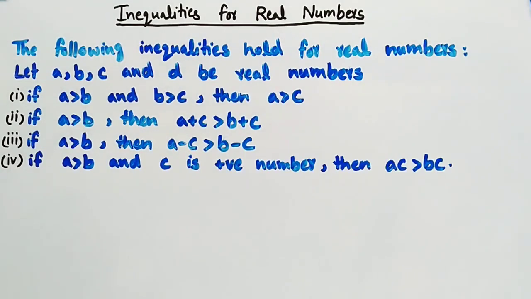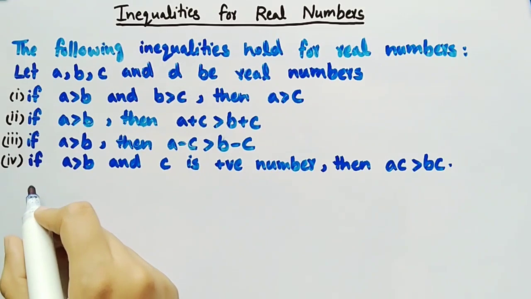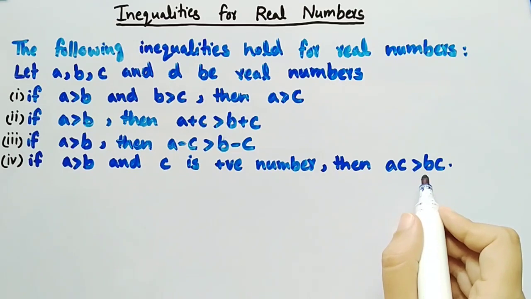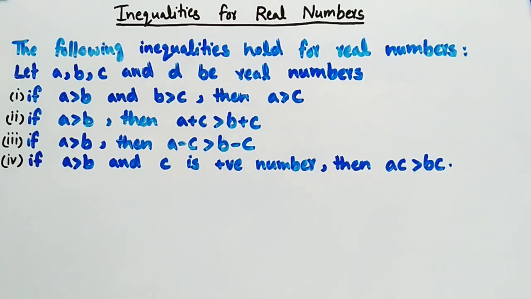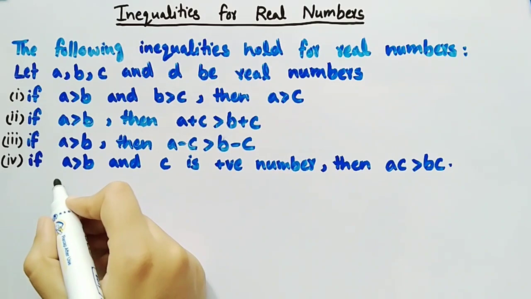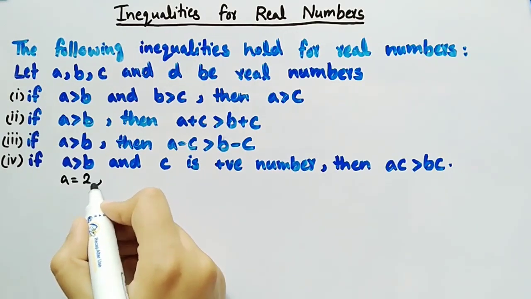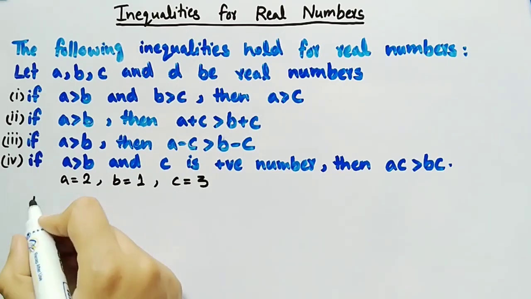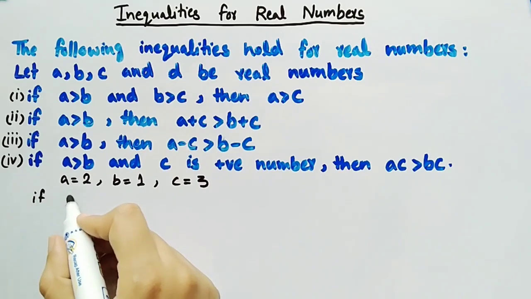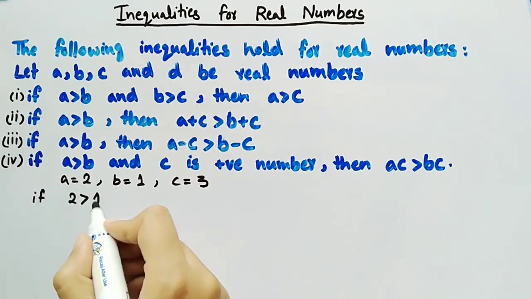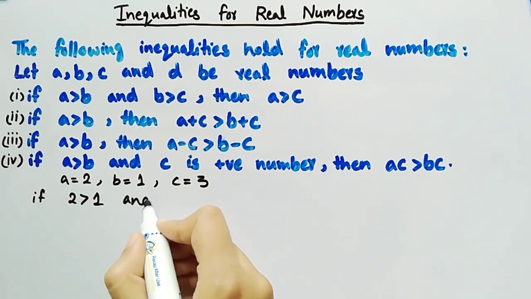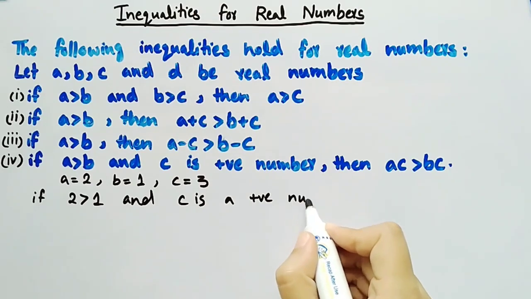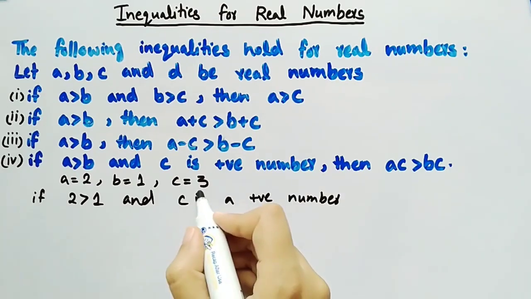The fourth inequality that holds for real numbers is, if A is greater than B and C is a positive number, then AC is greater than BC. For this inequality, if we consider A equal to 2, B equal to 1 and C equal to 3, we can clearly see that A, that is 2, is greater than B, that is 1, and C is a positive number, as C is equal to 3.